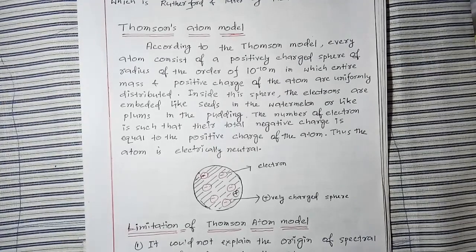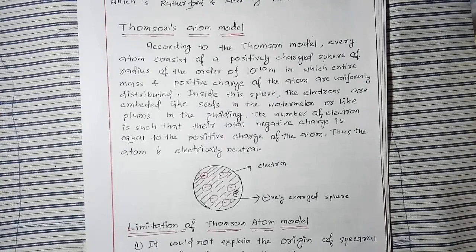Is it okay? And the total positive charge of the atom is always equal to the sum total of all the negative charge, that is the sum total of the charge of all the electrons embedded inside that atom.